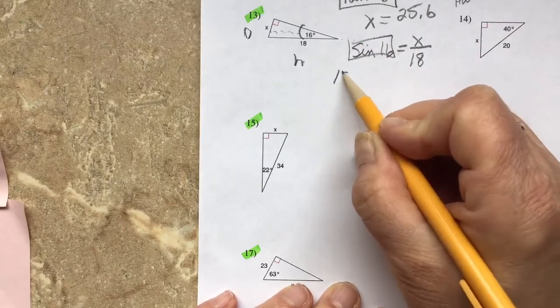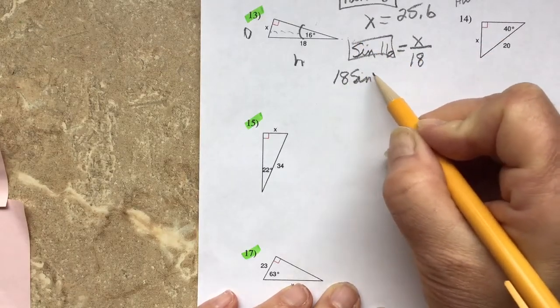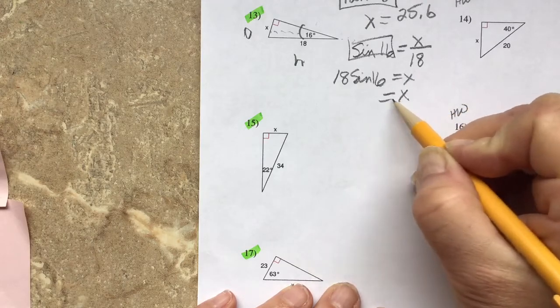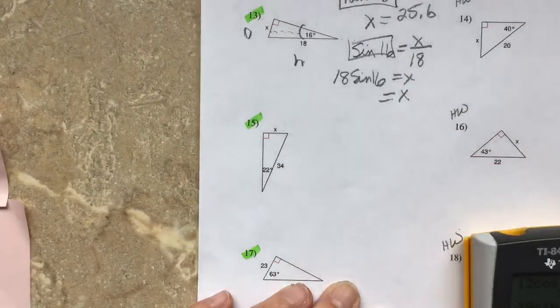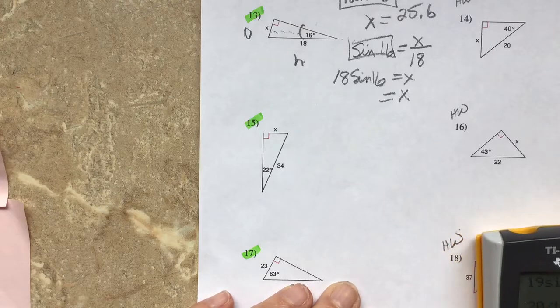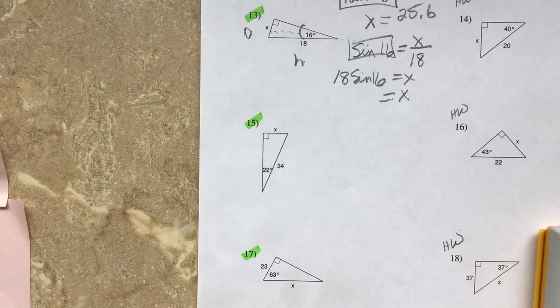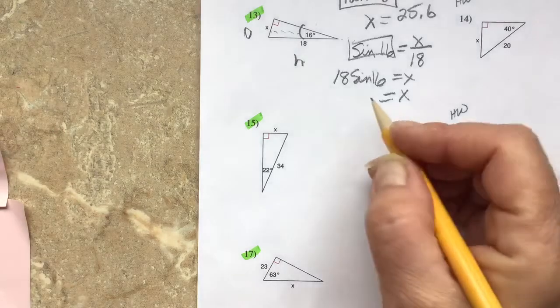I cross multiply. 18 sine 16 equals x. So x equals, calculator, 18 sine 16, and hit enter. Oh, looks like 5.0, 4.96. The 6 pushes the 9 up 1, makes it a 10, so I have to do 5.0.